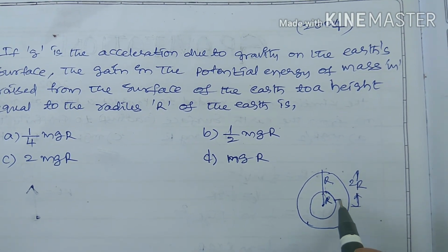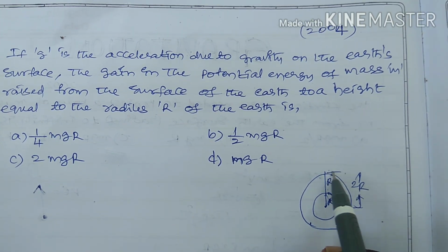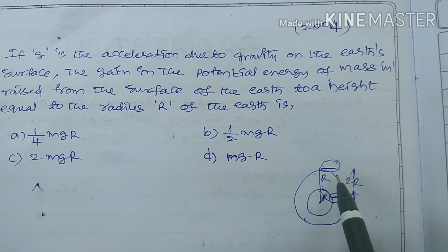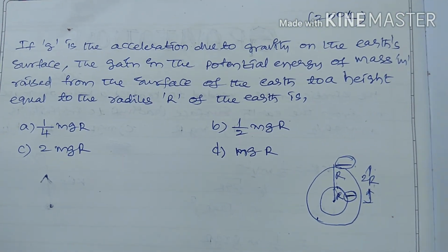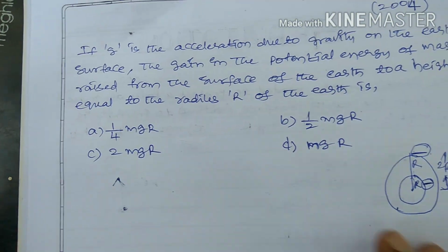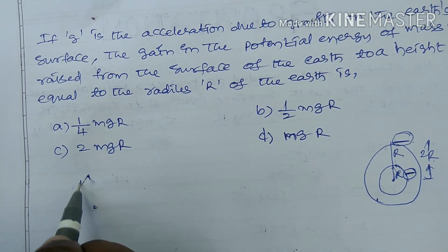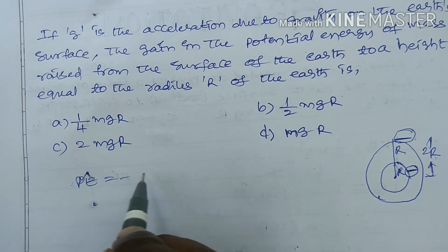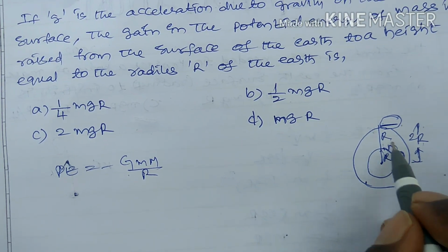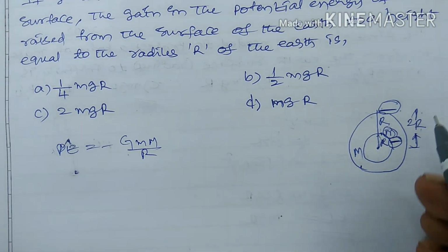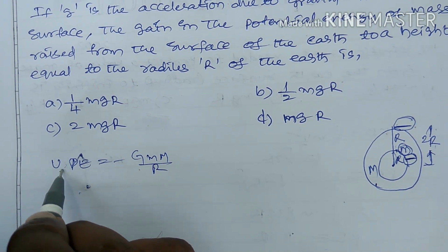At first we have to find the potential energy at the ground surface of the Earth, and then the potential energy at the height 2R. The potential energy at the surface of the Earth is minus GMm by R, where small m is the mass of the body, capital M is the mass of the Earth, and R is the radius. This is the initial potential energy, Ui.